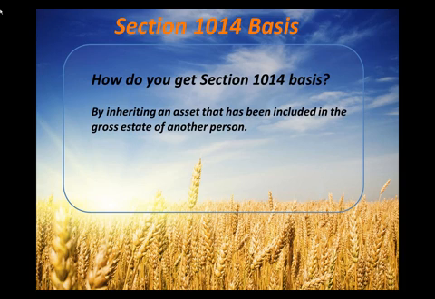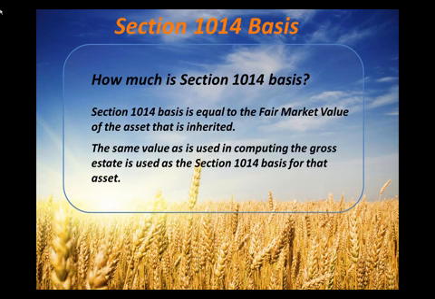Now, how do you get the Section 1014 basis? You get it by inheriting an asset that has been included in the gross estate of another person. So basically, it has nothing to do with filing or being required to pay estate tax or anything like that. It's just by the fact that you have inherited an asset from someone else, you get the fair market value as your basis, and that's called your Section 1014 basis. How much is it?